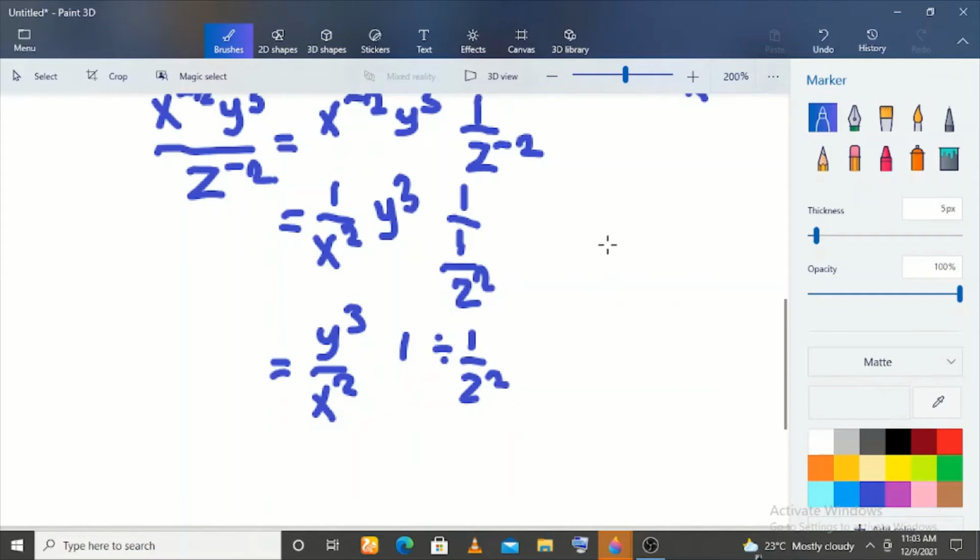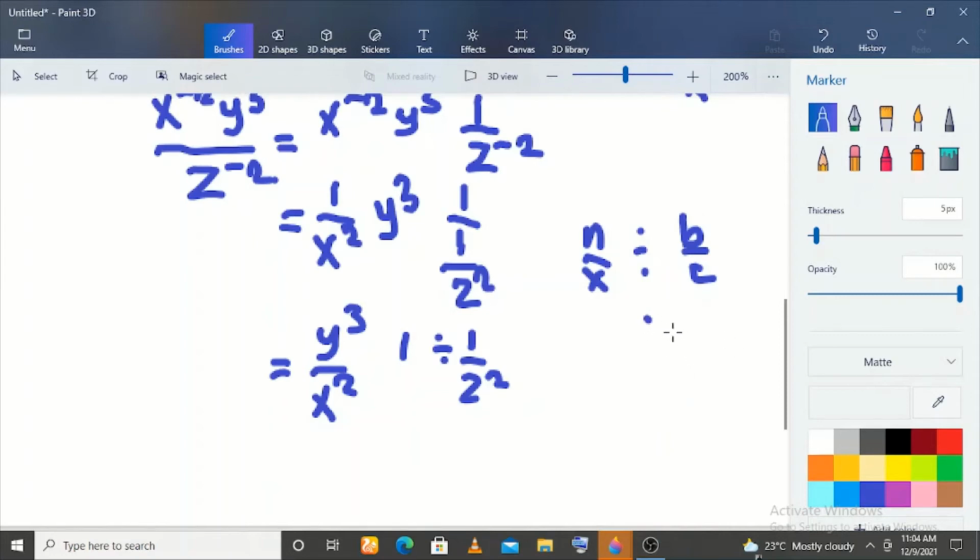Well, remember that if you have n over x divided by b over c, what you do is change this division sign to multiplication. By the way, this dot is just another way of writing the multiplication sign. If you want, you can write it like this, but usually I just prefer putting this dot.